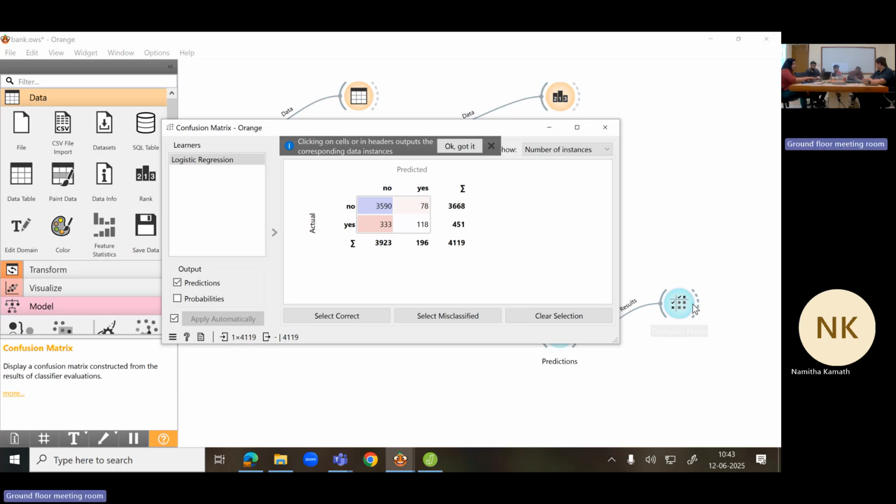Predicted and tested mean the same. And 333 is false negative. It is actually yes, but predicted as no.